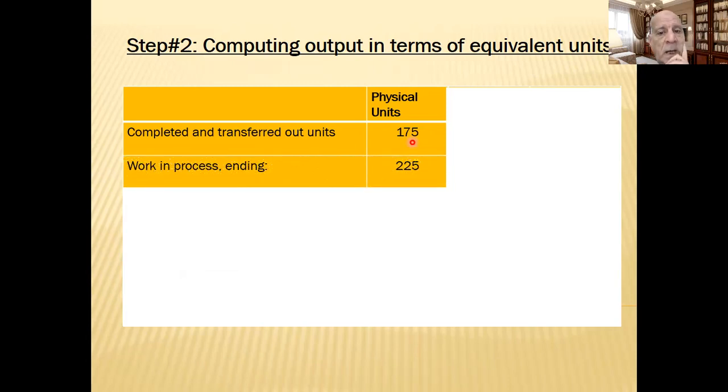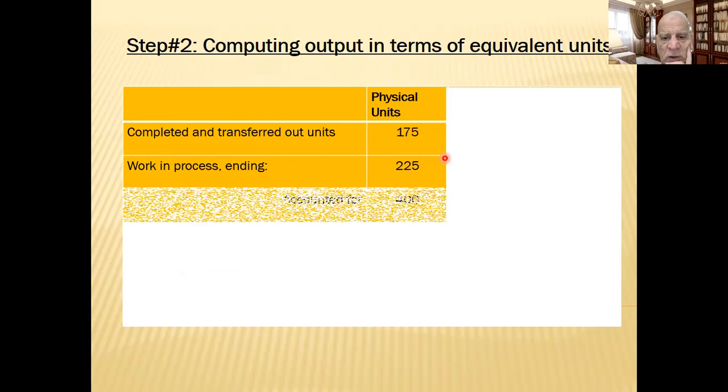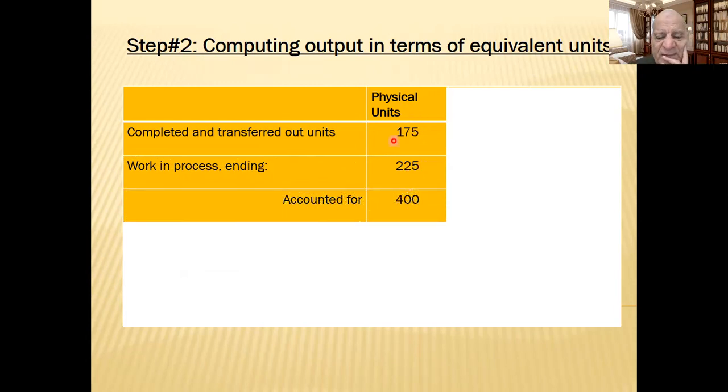Okay. And as for the physical units also, we have at the end of the period work in process 225. Adding these completed units to these physical uncompleted units, we will have the total of the physical units to account for, which are 400.